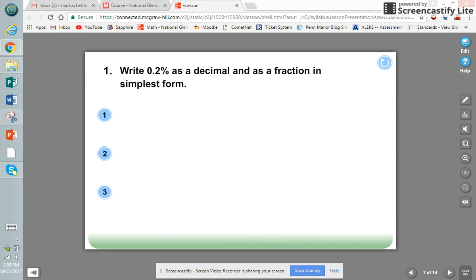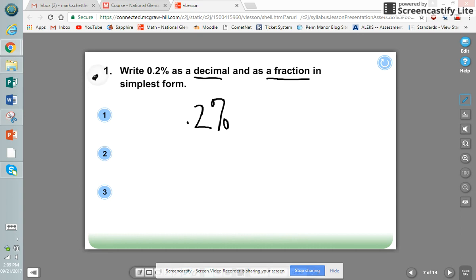Here's a percent. It says something happened only 0.2% of the time. I'm not sure what that would be. Hopefully it's not someone's driver's test score, but that's a super low number, a very low percent. It's asking us to change it to a decimal and a fraction, and we know how to do all of this.